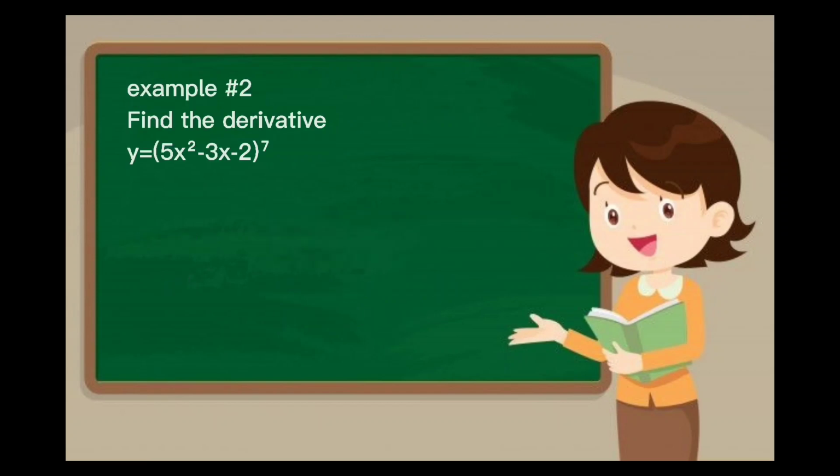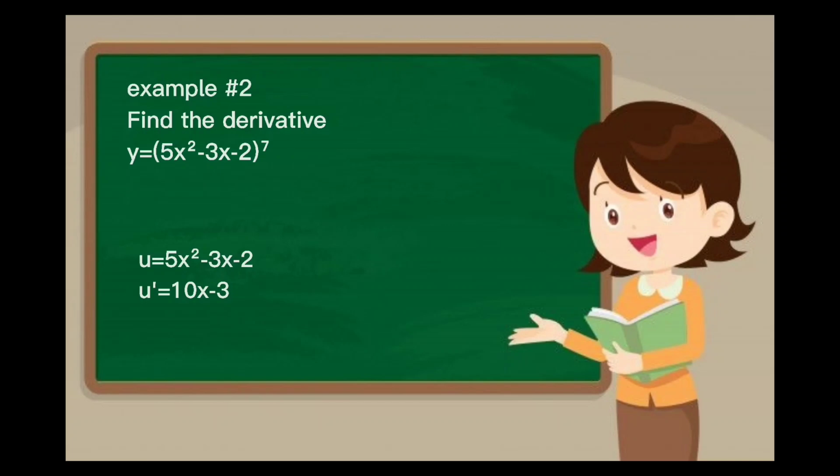Now, let's take another example. Find the derivative of y equals (5x squared minus 3x minus 2) raised to the power of 7. Using the general power rule formula and our given, u is equal to 5x squared minus 3x minus 2.